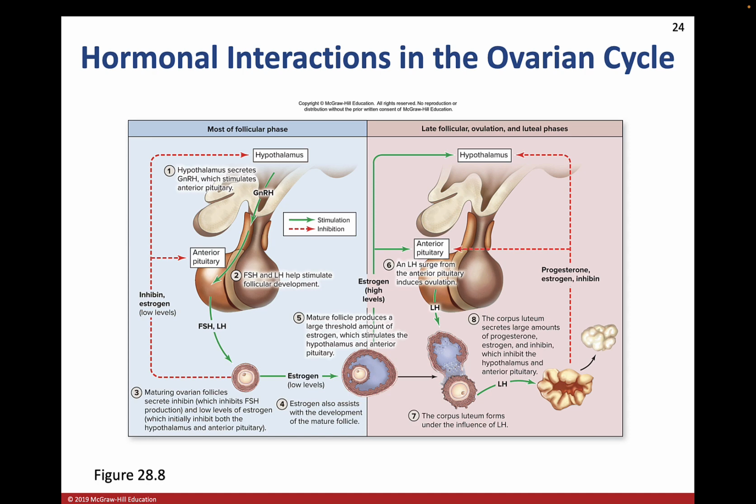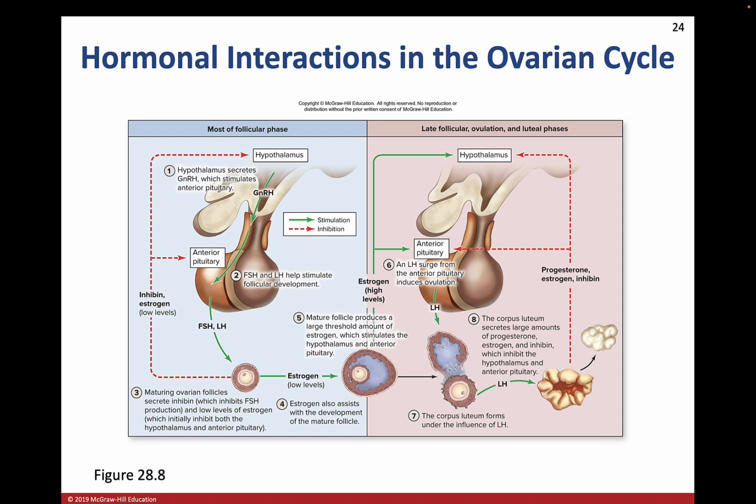Maturing ovarian follicles secrete inhibin, and this, remember, will inhibit follicle-stimulating hormone production, and low levels of estrogen initially inhibit both the hypothalamus and anterior pituitary. Keep in mind, during the follicular phase, estrogen is the primary hormone.